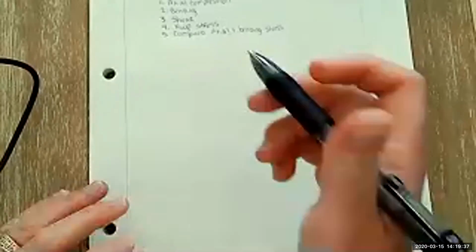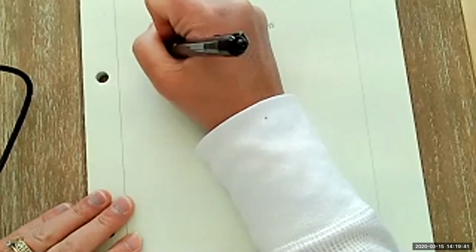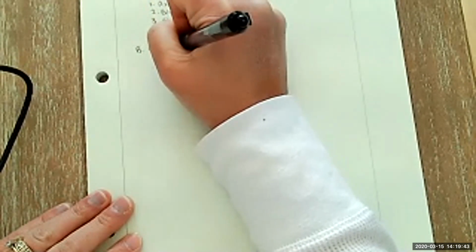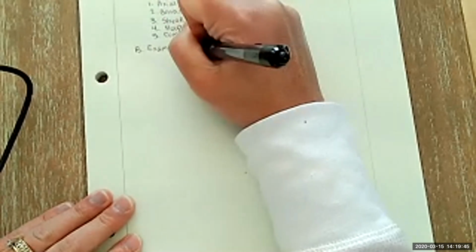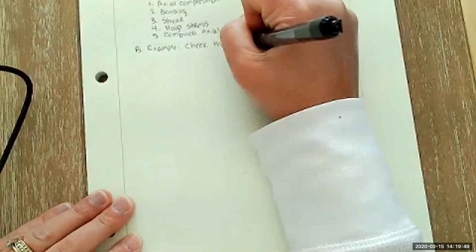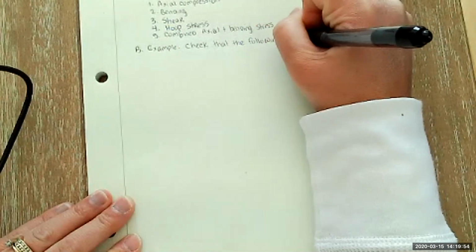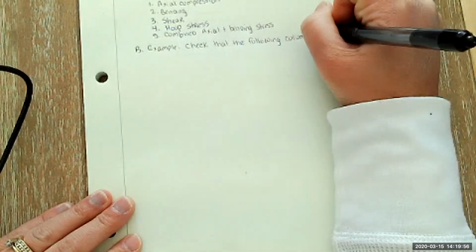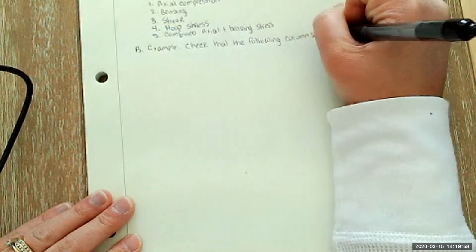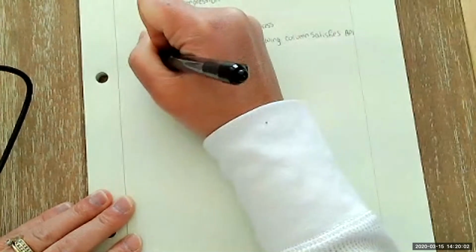I'm going to shift down just a little bit and we can go to our example, which is to check that the following column satisfies API design criteria.